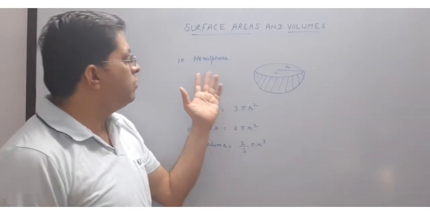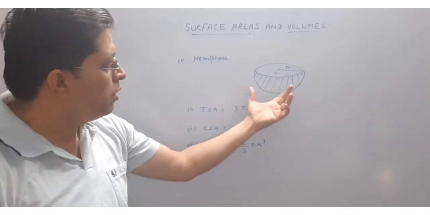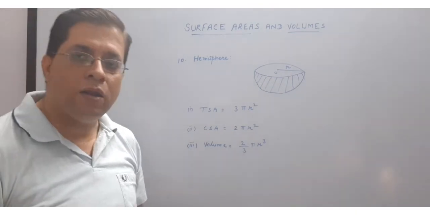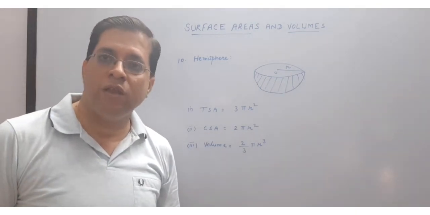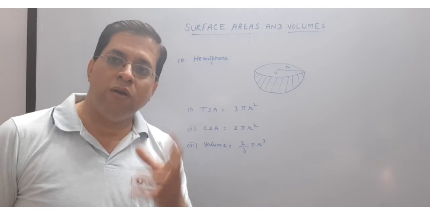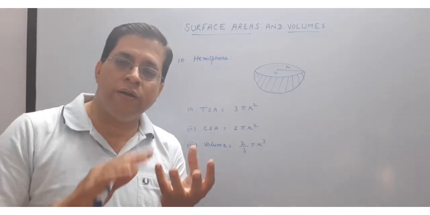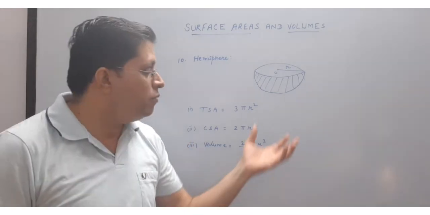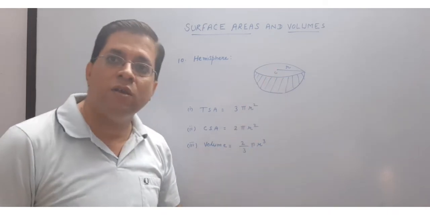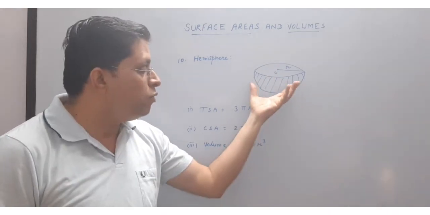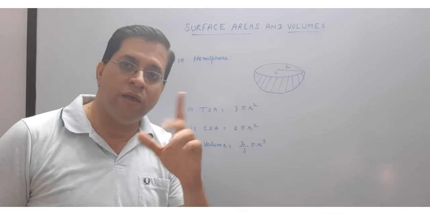Yes, the next point is the hemisphere. This is the hemisphere of radius r. What is the total surface area of a hemisphere? Just see one cork ball. If you cut it in two parts, then one part is this and the upper part is a circle. What is the area of the lower part?